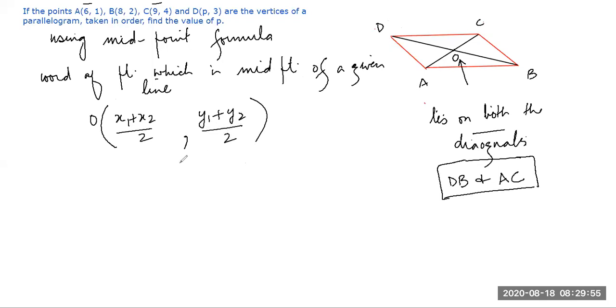It's good. So similarly, we'll find the coordinates of O. Now we'll first take DB as the diagonal. So I can say D and B. So what will be the coordinates? 8 plus P. Supreet, I'll be happy if you complete it. 8 plus P by 2, beta. And what will be the ordinate?